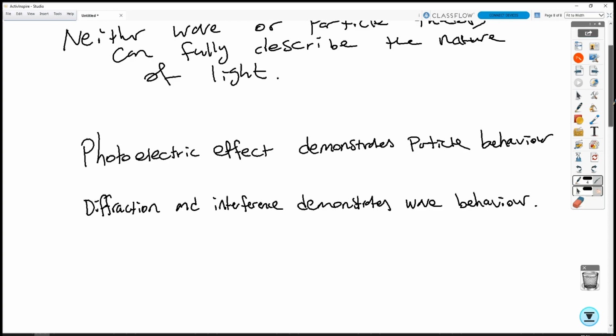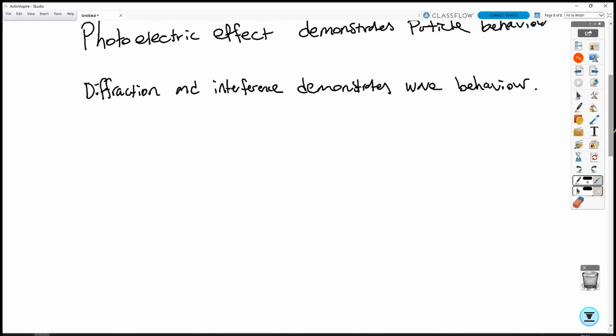So if it's got both properties, we call this wave-particle duality.